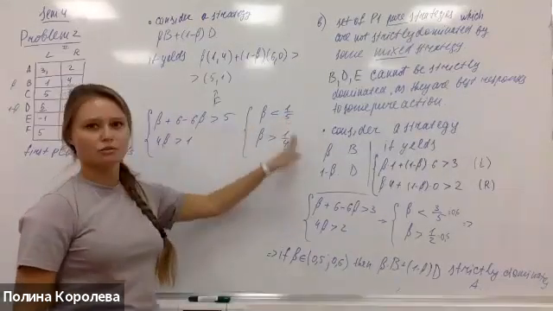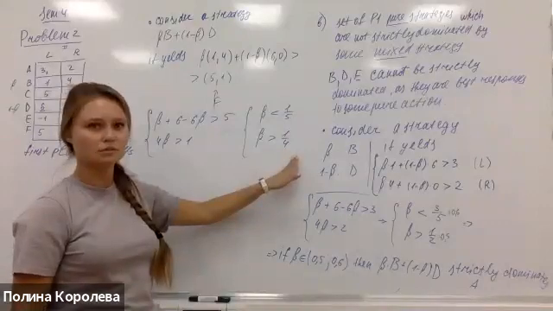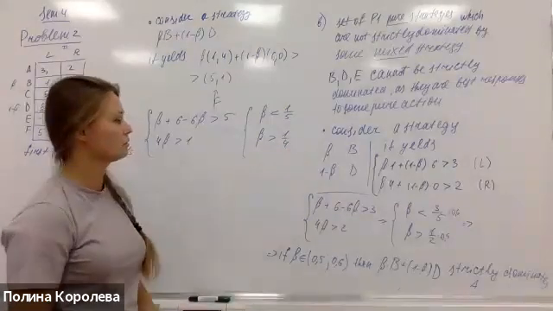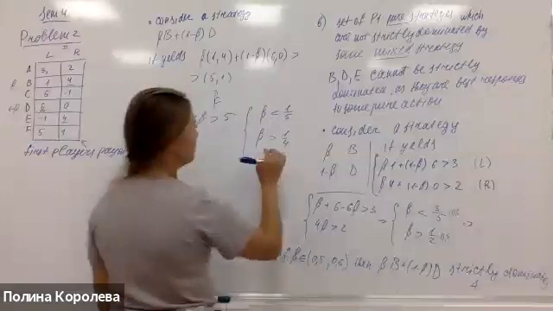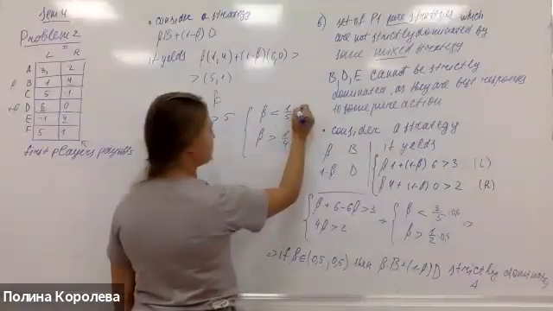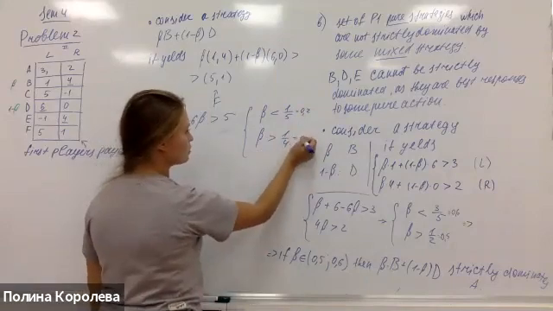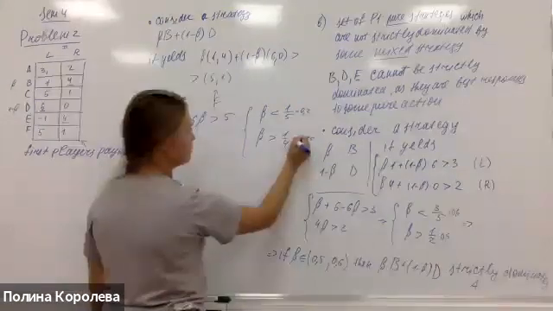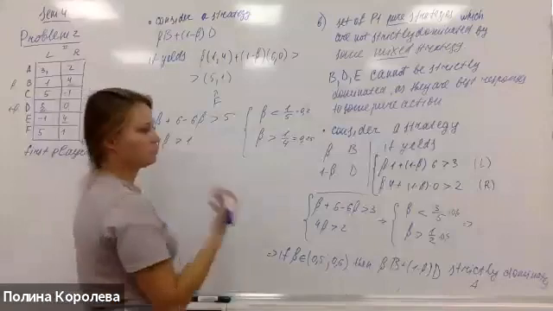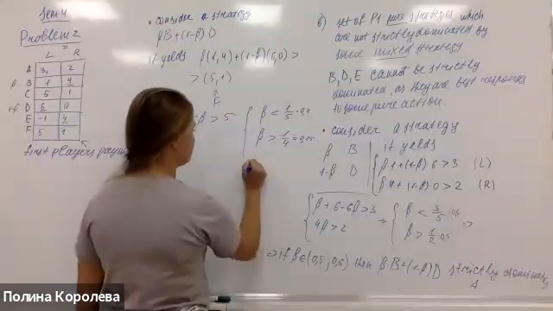You see that there is no solution. We don't have an interval of solutions. Beta should be at the same time less than 0.2 and bigger than 0.25. This is impossible.